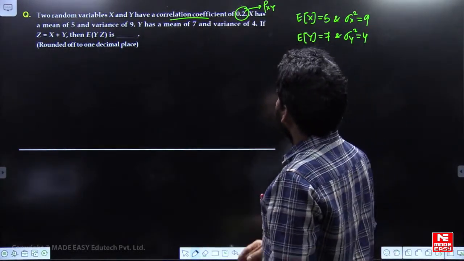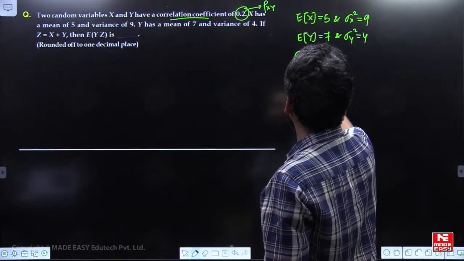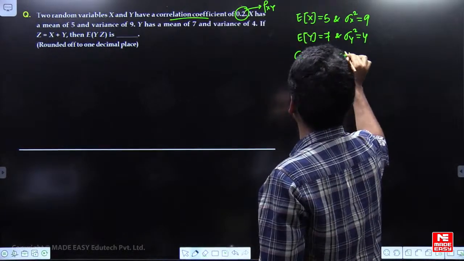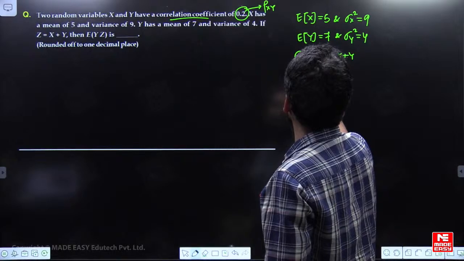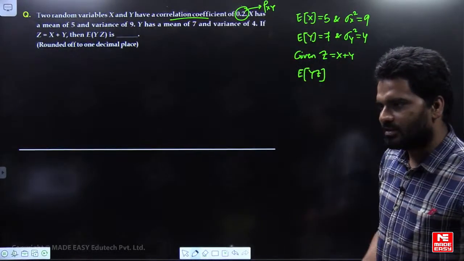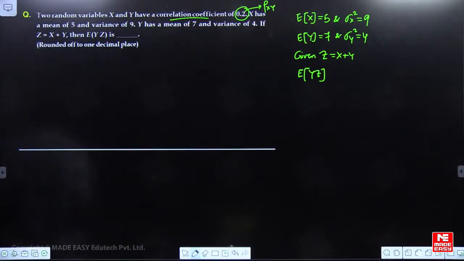Then given z equals x plus y, we need to find the expectation of yz. Can anyone try to give the answer for this?